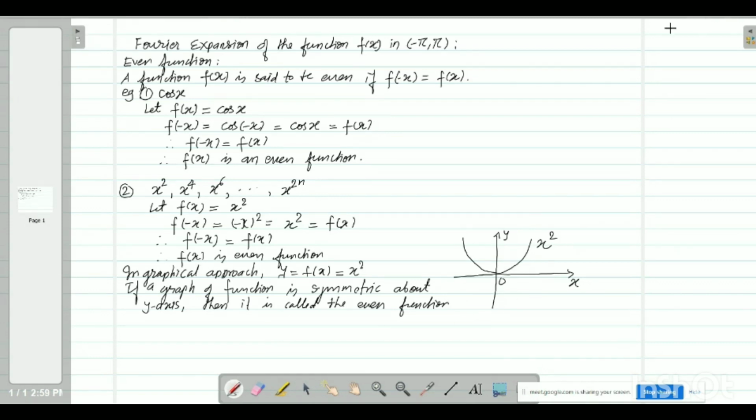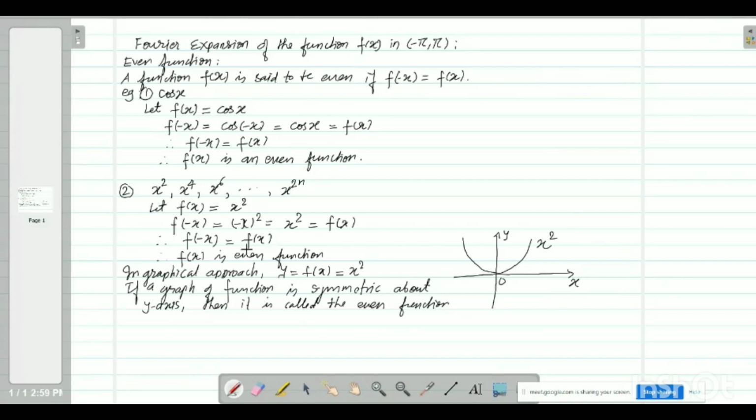Sir, please repeat. See here, how to show the function is an even function. Either use this definition, just replace x by minus x in the function, and if you again obtain your original function, then that function will be an even function.